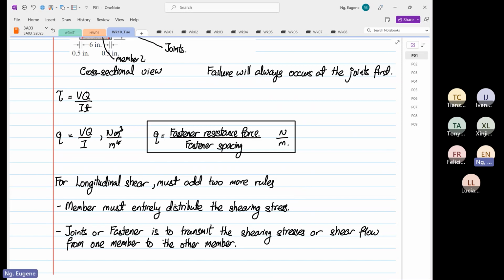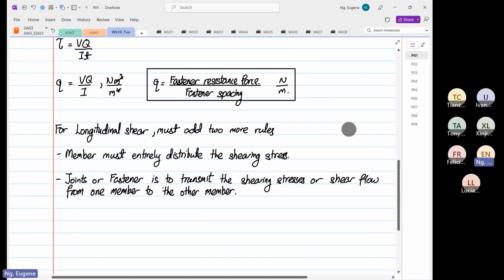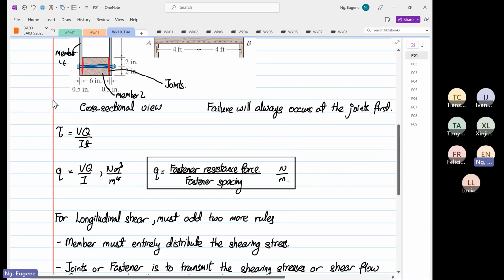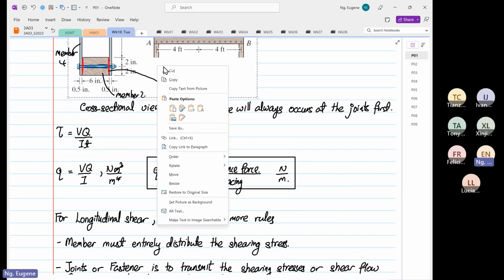So what do we mean by that? What do we mean by these two terms over here? I'm going to take this cross section again.